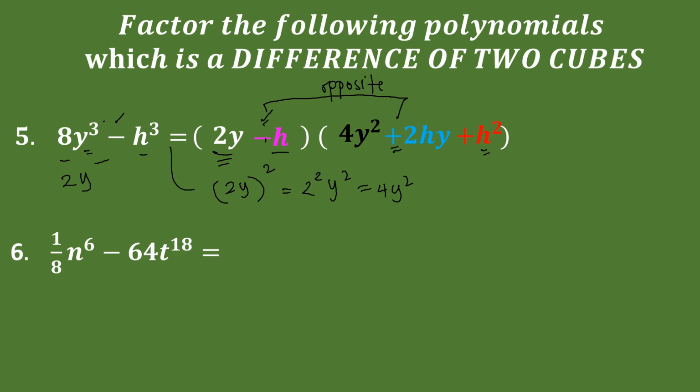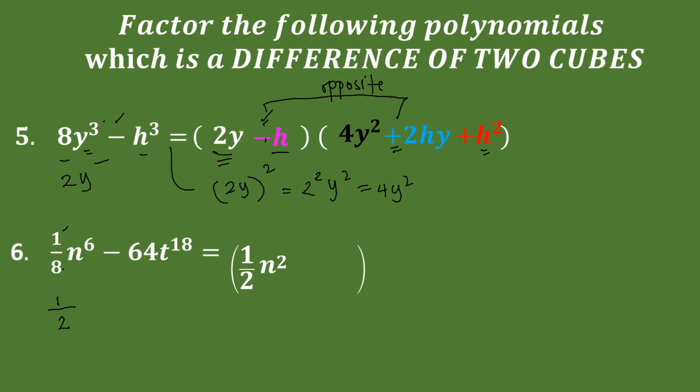Okay, sige, let's proceed to number 6. This time, this is involving a fraction, but still we are to apply the same concept. So we are going to have step 1, we need to get the cube root of our first term. Remember, 1 is a perfect cube, and then its cube root is 1. And 8 is a perfect cube in which the cube root is 2. So therefore, 1 half.